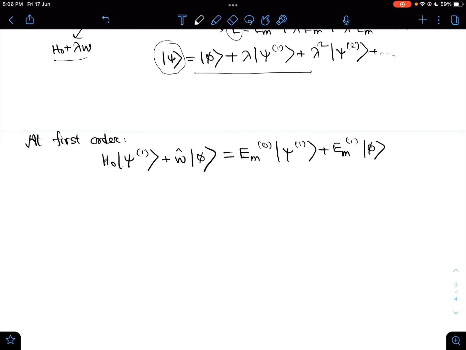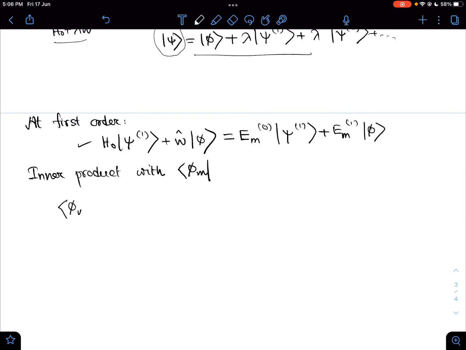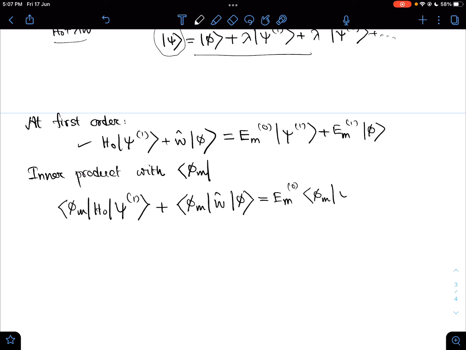Now if we take the inner product of this equation with phi m, we will have phi m H0 psi 1 plus phi m W phi, and on the right hand side EM0 phi m psi 1 plus EM1 phi m psi.